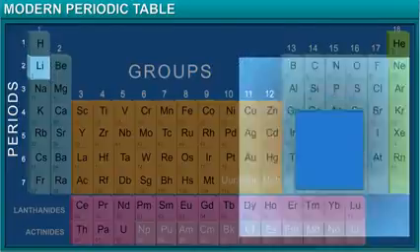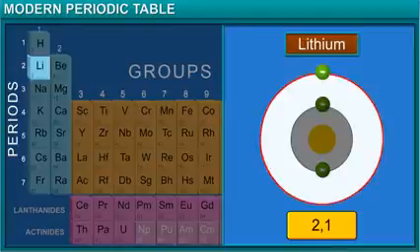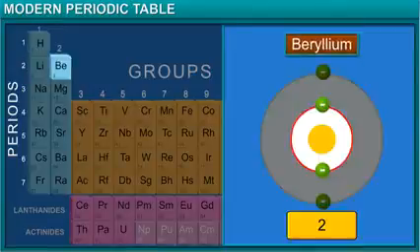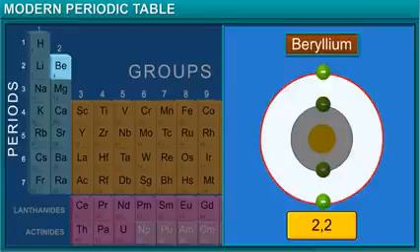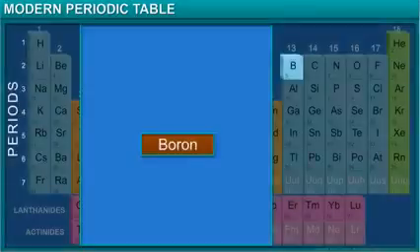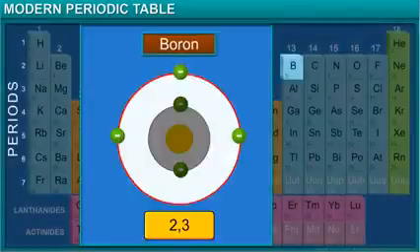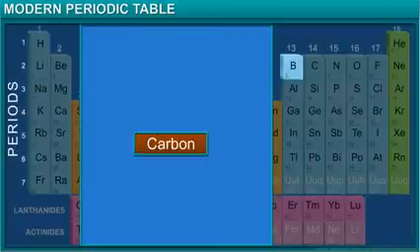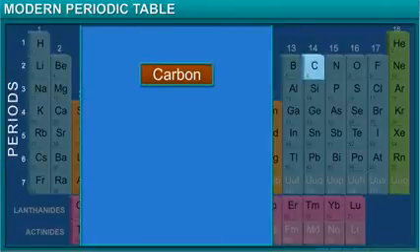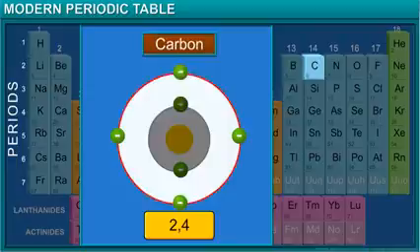The electronic configuration of lithium is 2,1. Beryllium is 2,2. Boron is 2,3. Carbon is 2,4.